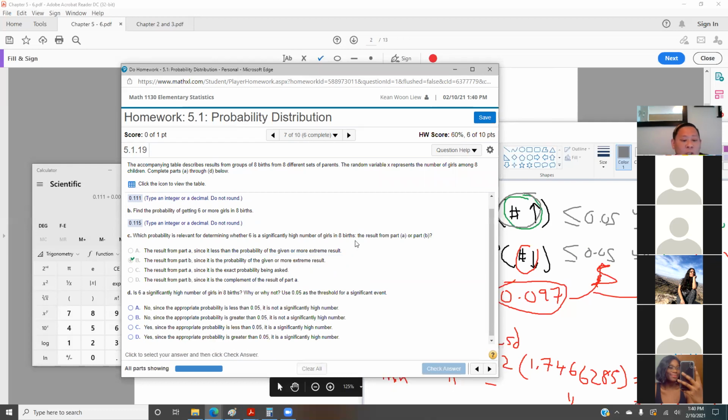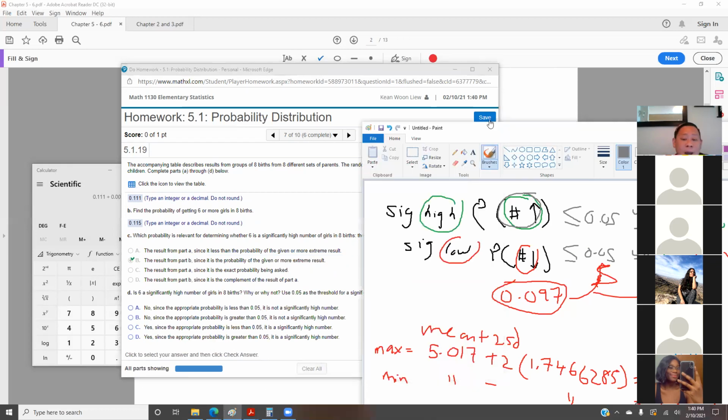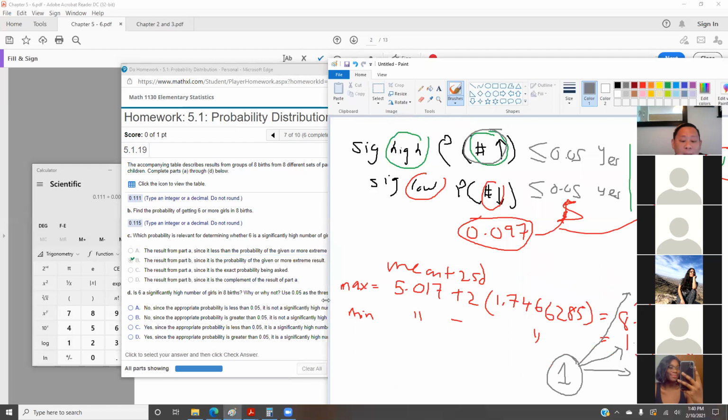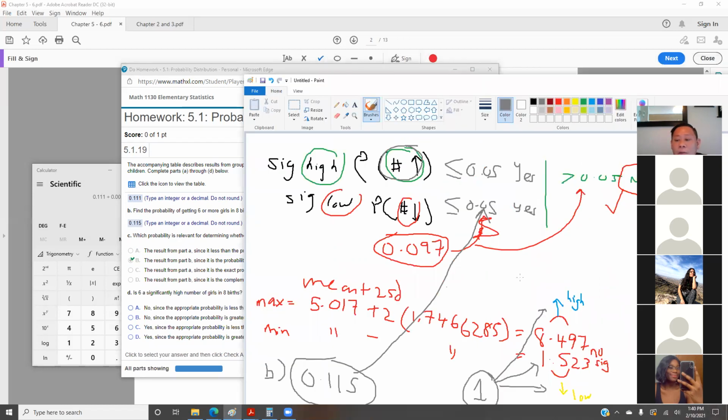And now the question is, what is that? You say it's part B, right? So what is the probability you get in part B? 0.115, right? Is this probability less than 5% or more than 5%? More. So more than 5%.